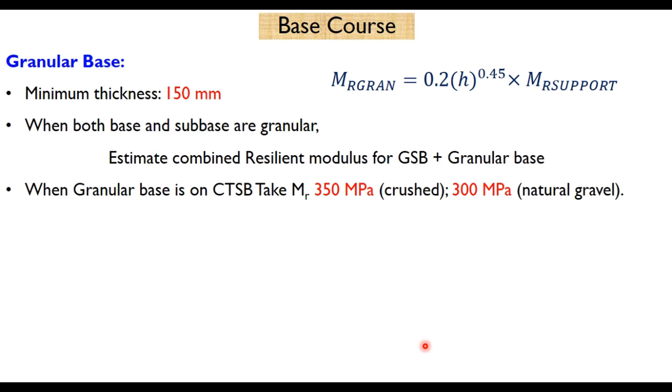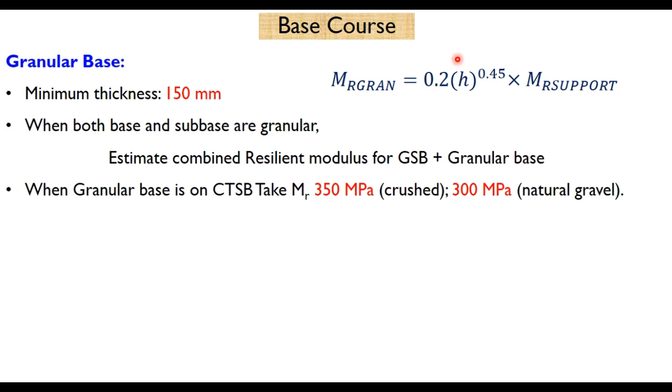After the subbase, we lay the base course, and it can be a granular base course or a cement-treated base course. When we provide a granular base course, the minimum thickness is 150 millimeter. When both base and subbase are granular, we estimate the combined resilient modulus for GSB plus granular base.